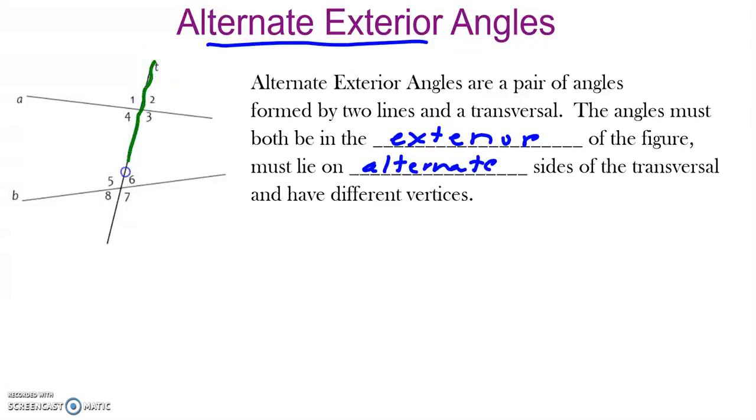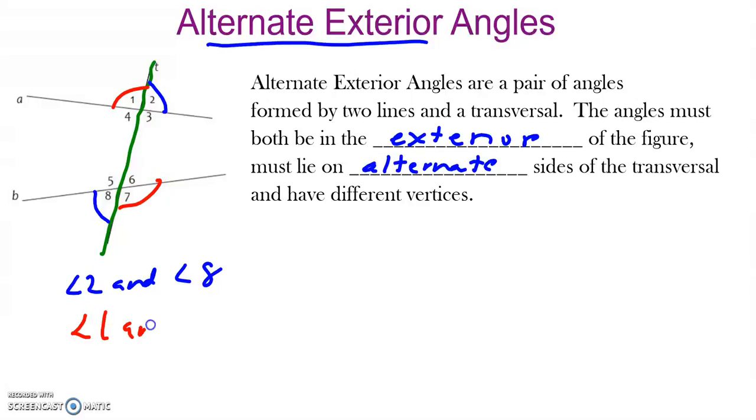So again, I'm going to highlight my transversal T. This time, the angle pairs that are outside of the two lines would be angle 2, but the angle that goes with it that is alternate side of the transversal would be 8. So I would say that angle 2 and angle 8 would be considered alternate exterior. I would also say that angle 1 and angle 7 would be considered alternate exterior as well.